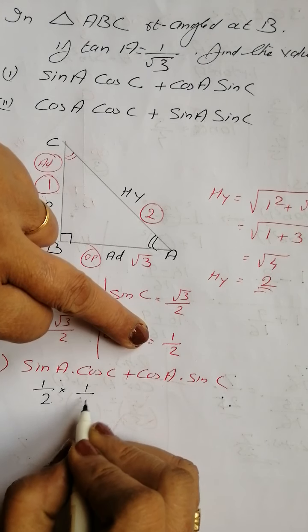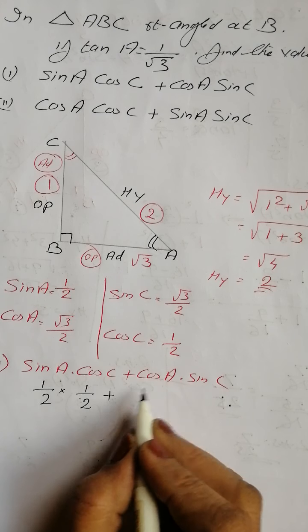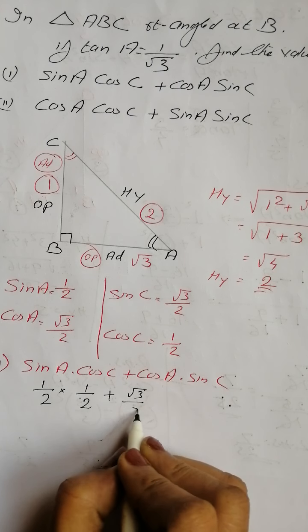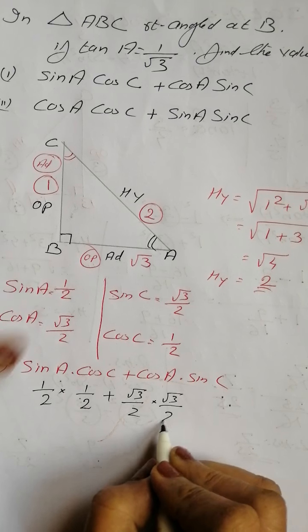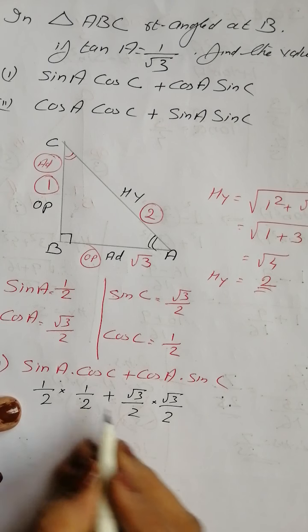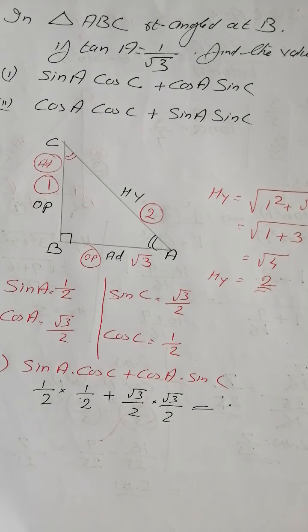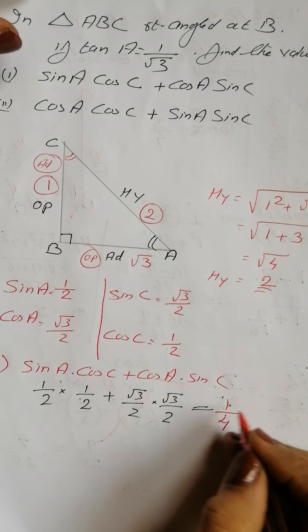Here, 1 by 2, plus cos A is root 3 by 2 and sin C root 3 by 2. What will you get here? You will get 1 into 1 is 1, you will get the answer as 1 by 4. Clear up till here?